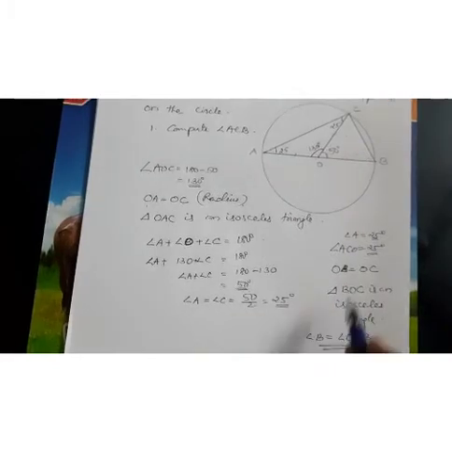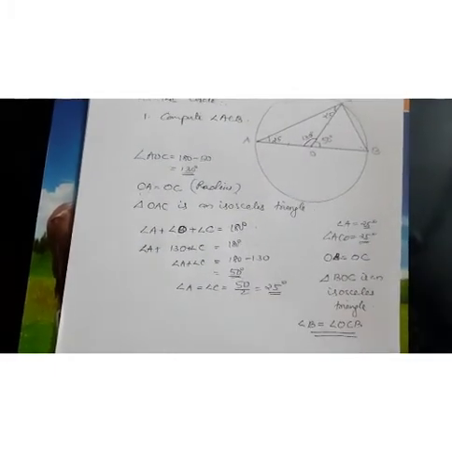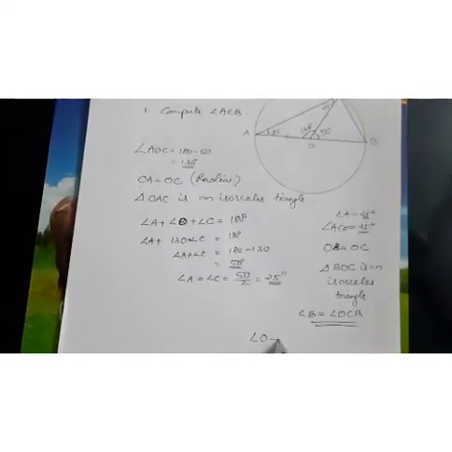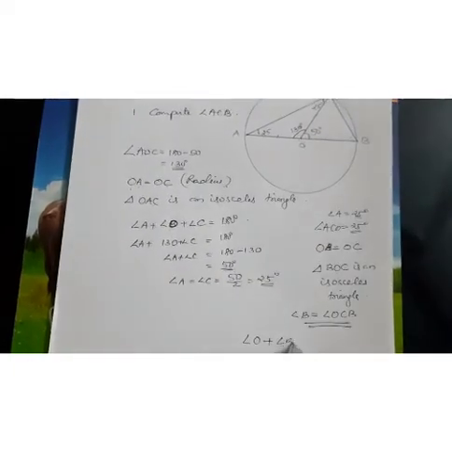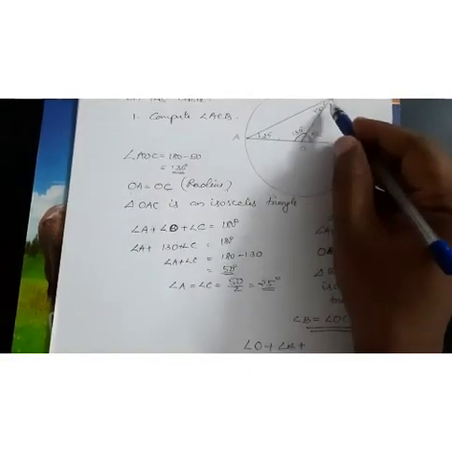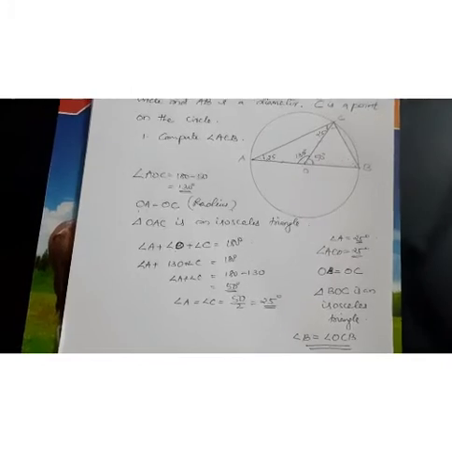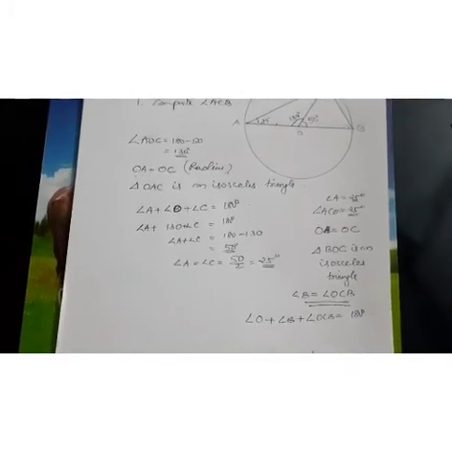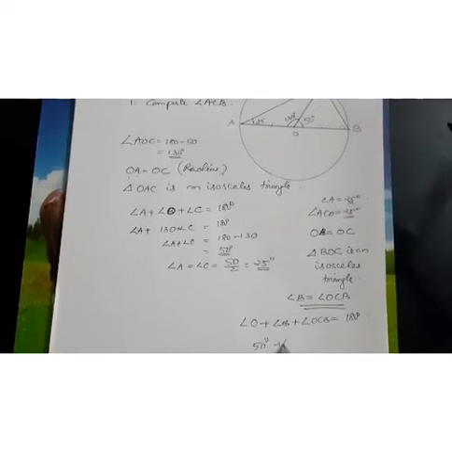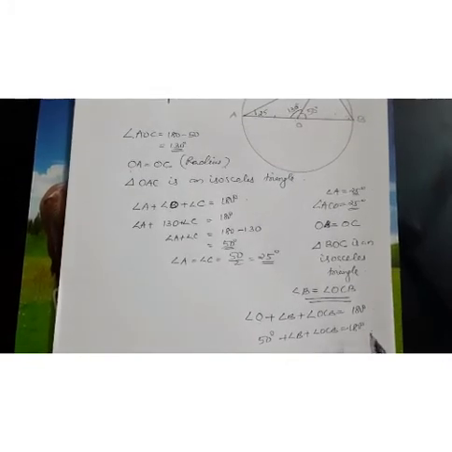You can find out by using the sum of angles. How much is it? 180. So angle O, I am writing here, plus angle B plus angle OCB is equal to 180. Out of that angle O, you know, it is 50 degree, plus angle B plus angle OCB is equal to 180 degree.